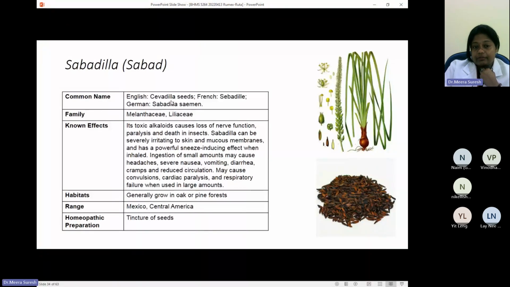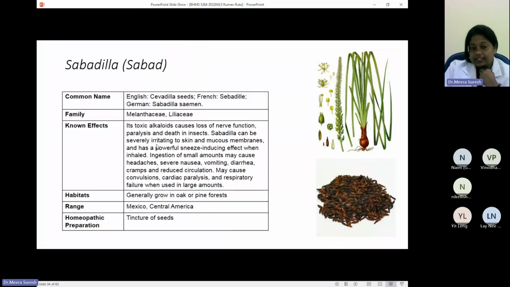So the common name is Sabadilla seeds, Sabadillae. You'll understand that because of its similarity with the original name, it is never asked just as an MCQ. It belongs to the family Melanthaceae or the Liliaceae. Its toxic alkaloids can cause nerve function paralysis and death in insects.